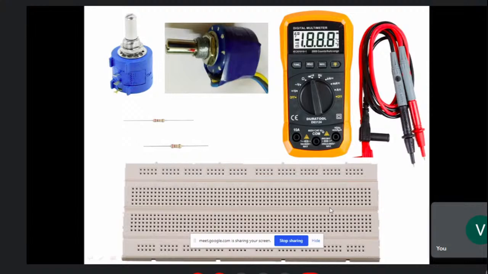So circuit connection is very easy. Without soldering, we can make the circuit by putting the wire in these connection points.